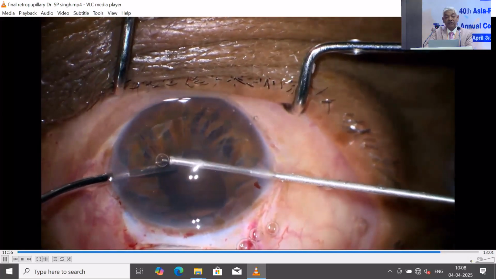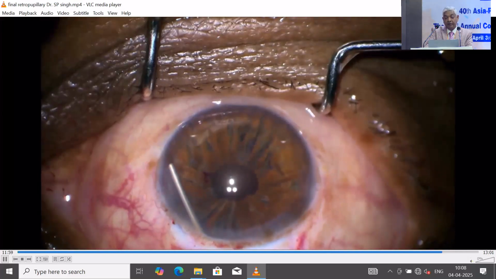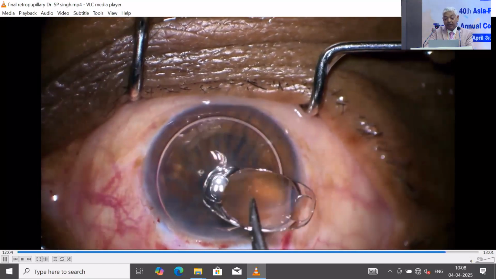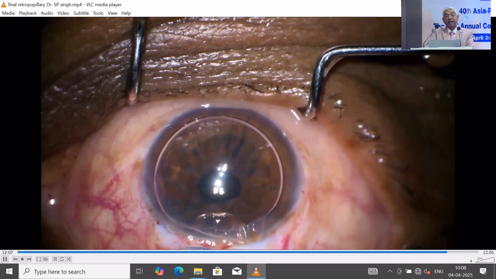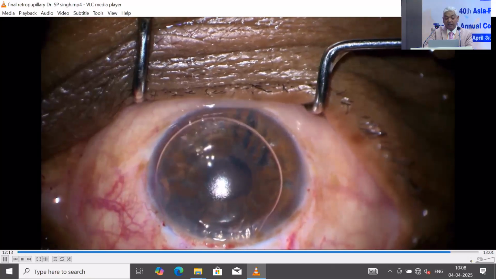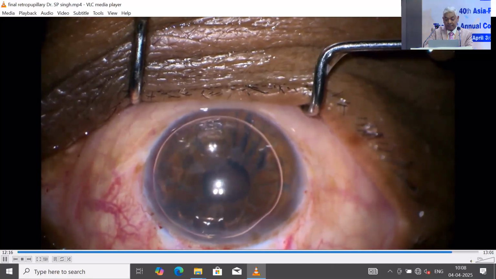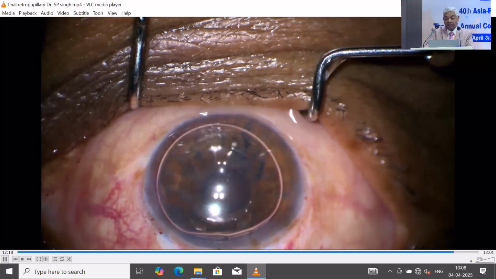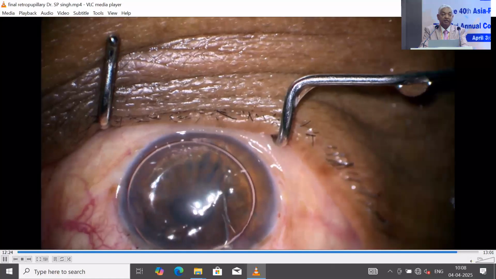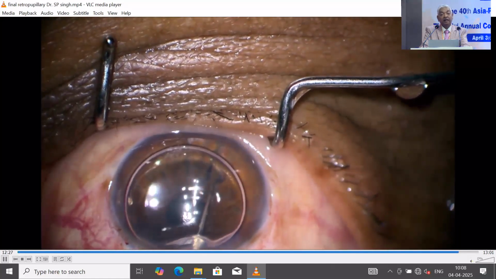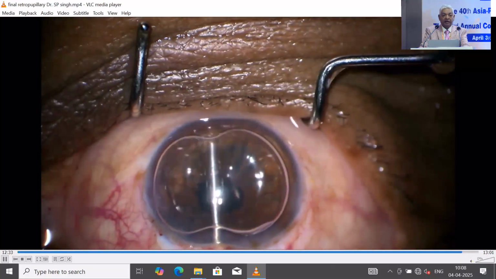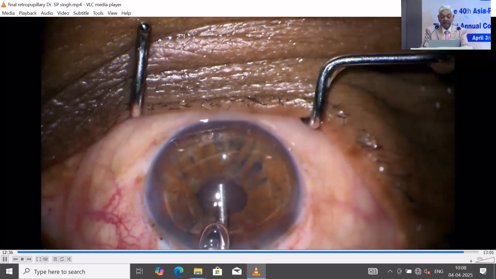You can see this is the case of iridoschisis. All the strands of the iris stroma are moving. In iridoschisis there is separation of the anterior and posterior stroma. Even in this condition, let us inject the air, and you can see the stability of the iris claw, even when the stroma is separated into two layers. With this case I can demonstrate that this posterior iris claw is a very safe, very predictable, and very effective method in any condition, any situation, and you can't do the anterior iris claw lens in this case.